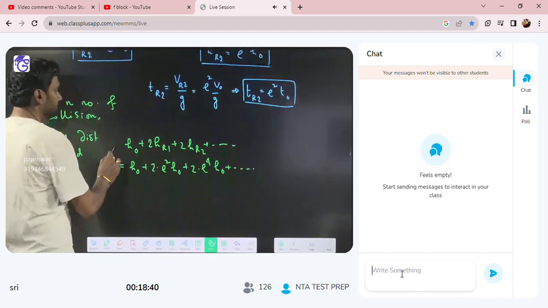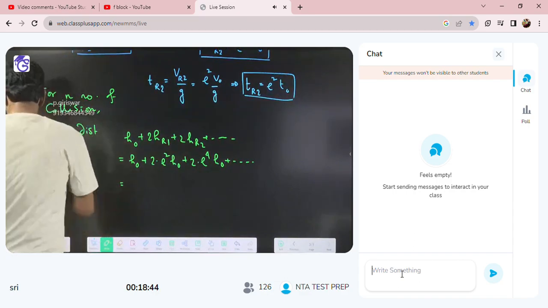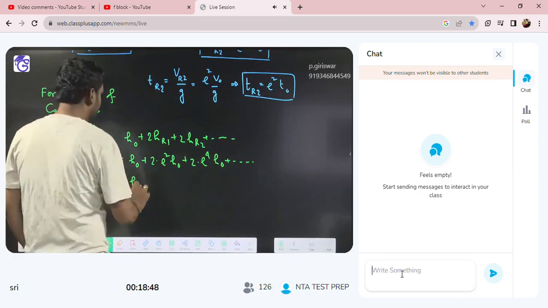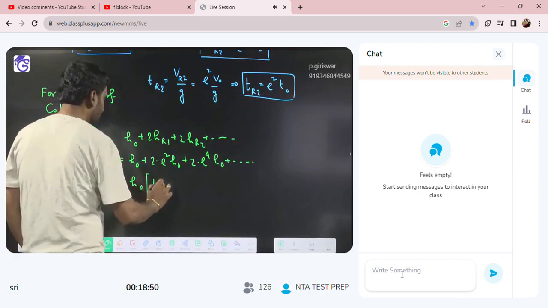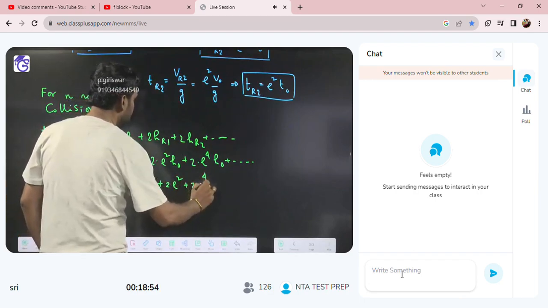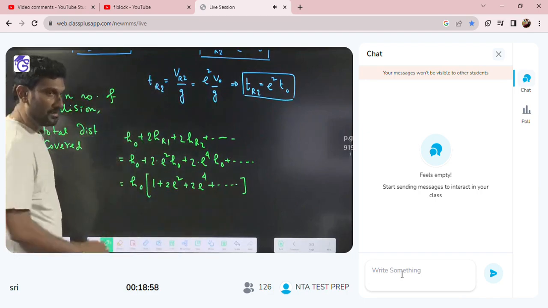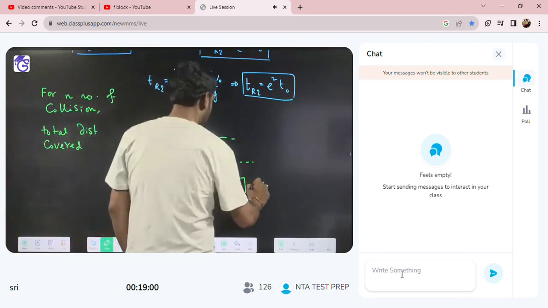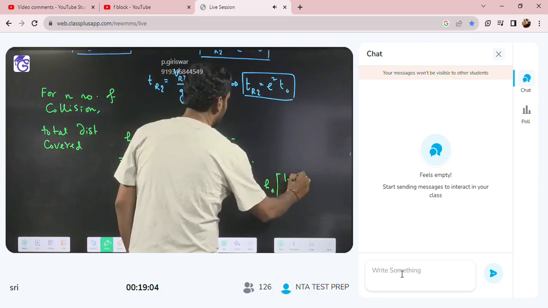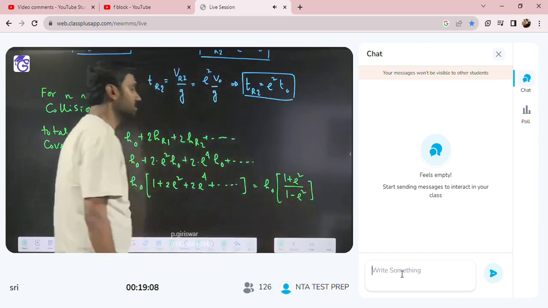All right. If you take H naught common, 1 plus 2 E square plus 2 E to the power 4, and it goes on like this. After doing this series, the result you will get is H naught into 1 plus E square by 1 minus E square.